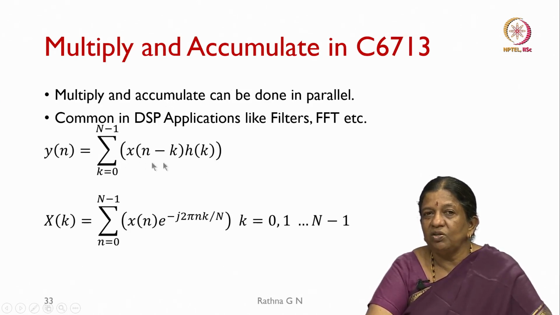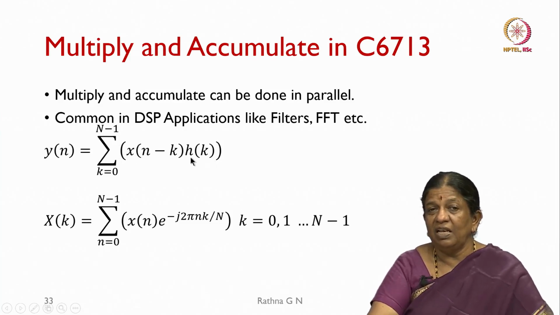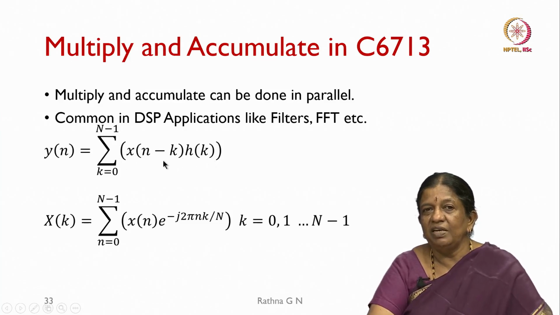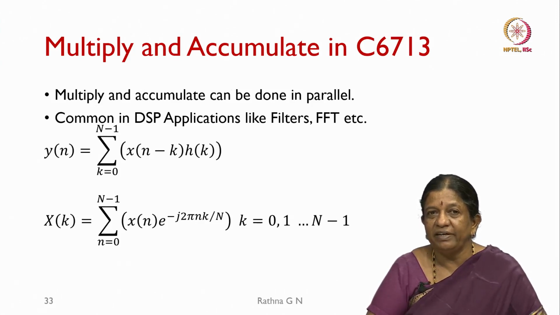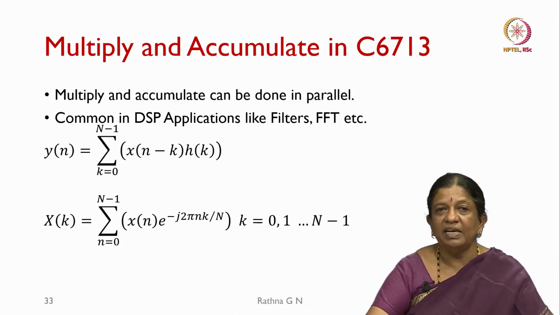So, either x of k into h of n minus k would have been comfortable, but we use here the input x of n minus k and then h of k. Why I will consider it, we will see when we take up the architecture further. I need circular convolution, why I need it, we will be taking up in the next class.